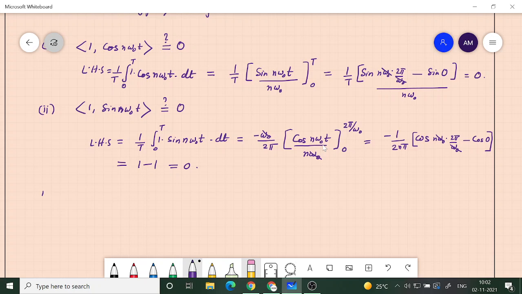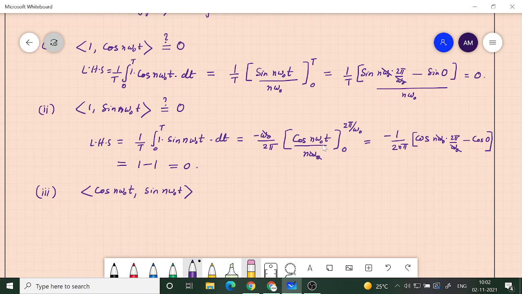Now what is left to show? We need to now show the inner product between cos n omega 0 t and sin n omega 0 t. This we have not shown. All the other cases we have shown.